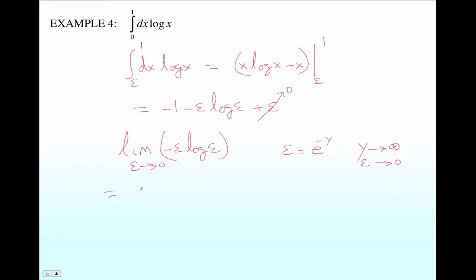So this is the limit as y goes to infinity of y into e to the power minus y, or y over e to the y. But this is 0, because you remember when we discussed the exponential function, we discovered that the exponential e to the power y becomes much, much bigger than any power of y as y becomes large. And so this integral is fine. It exists.